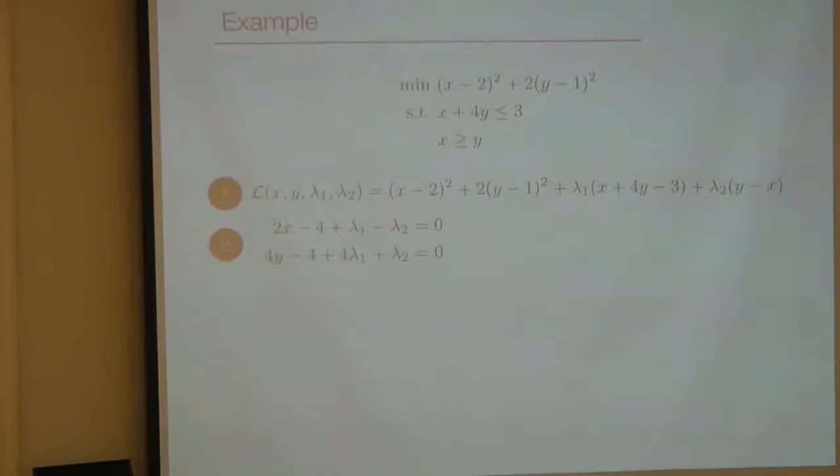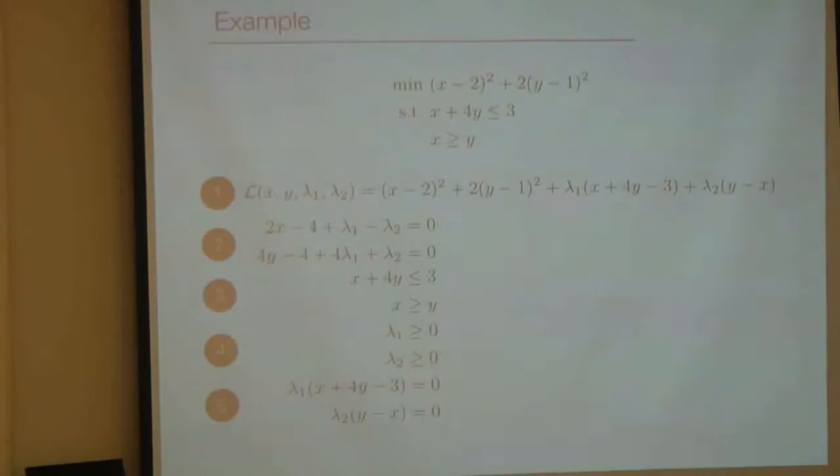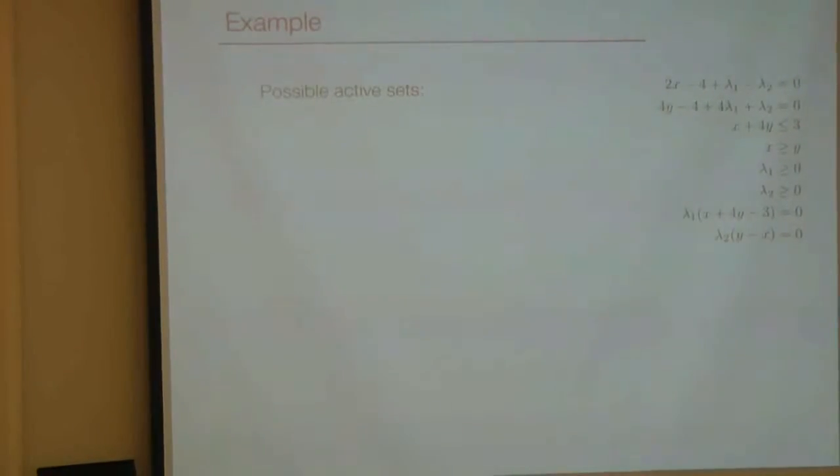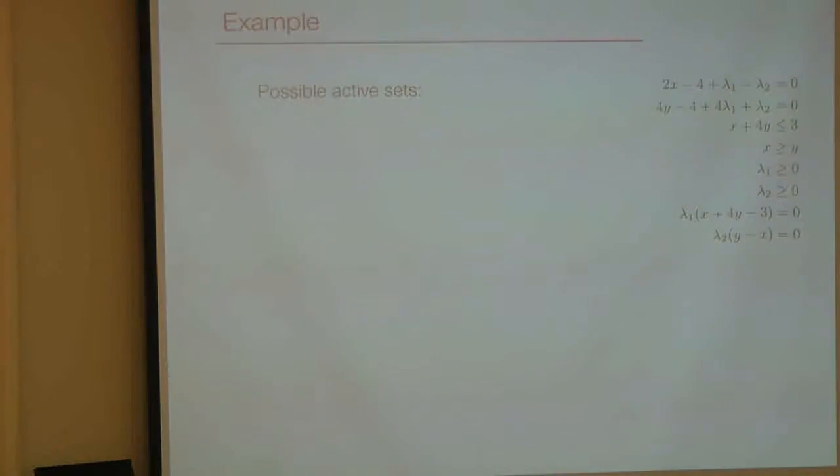Then we take the gradient with respect to x and y, so these are those two stationarity conditions. Then comes primal feasibility, meaning the original constraints. Then we have dual feasibility, meaning all lambdas must be non-negative. And then there is complementary slackness, which means these added terms here must disappear at the optimum. So these are now the Karush-Kuhn-Tucker optimality conditions, and let's explore all possible combinations of active constraints.